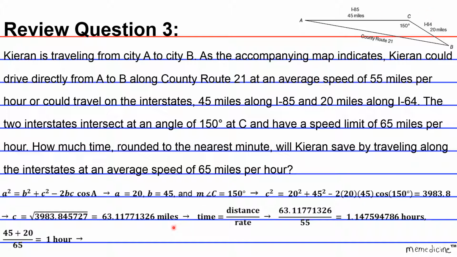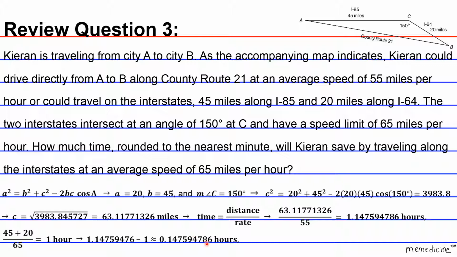So if you take the time spent on County Route 21 and you subtract the time that you would spend on I-85 and I-64, you're going to get a difference of 0.147594786 hours. This is why I didn't disregard all the decimal points that follow, because I knew this step would be required, okay?